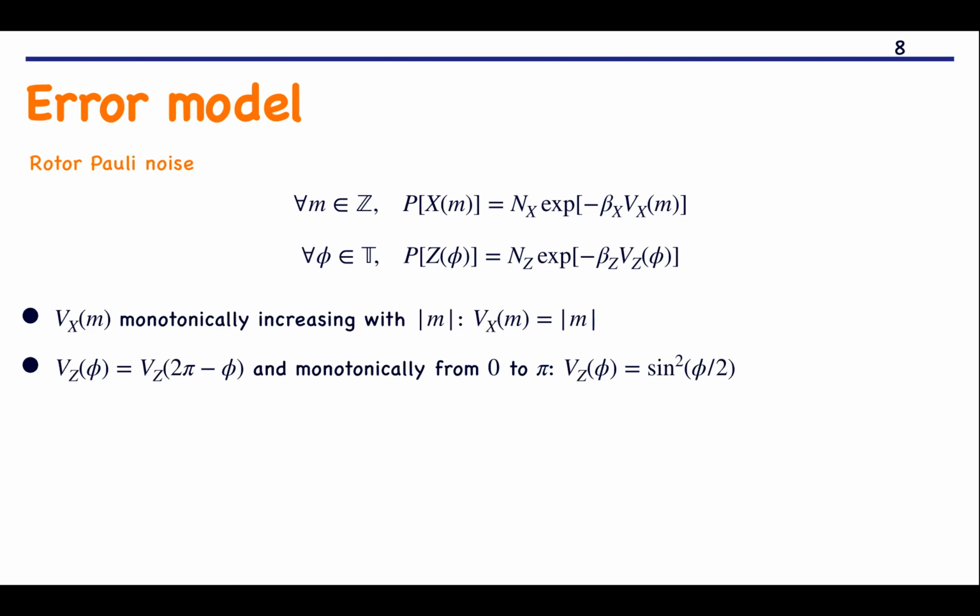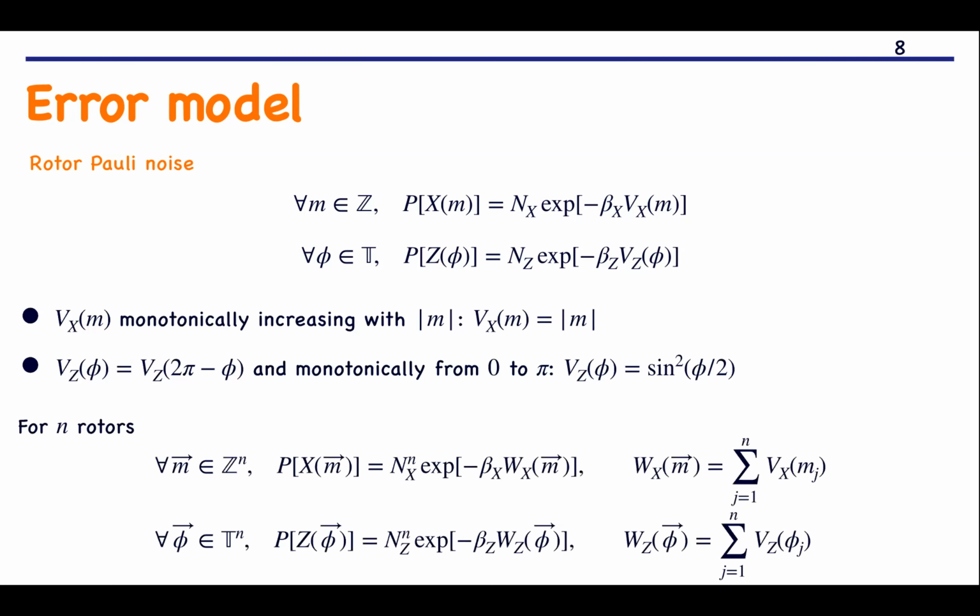And in particular, we chose this form here for the two of them. And so for n rotors, we just assume n independent random shifts, where now we have a global wave function that is simply given by the sum of the individual ones.